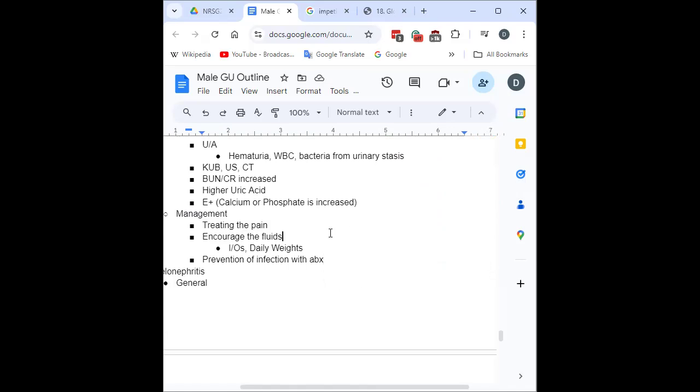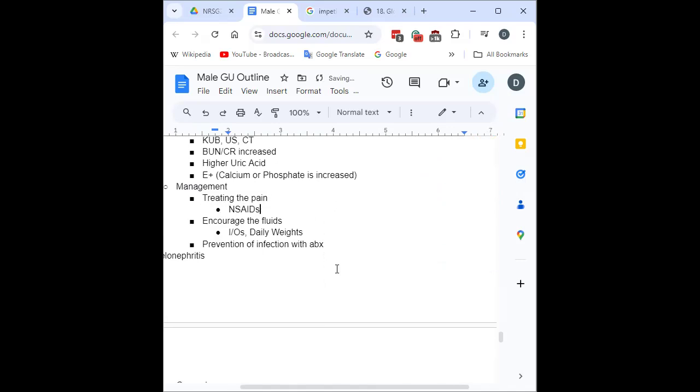So treating the pain, the specific NSAIDs. Calcium channel blockers can dilate the vessels and allow you to pass the stone.